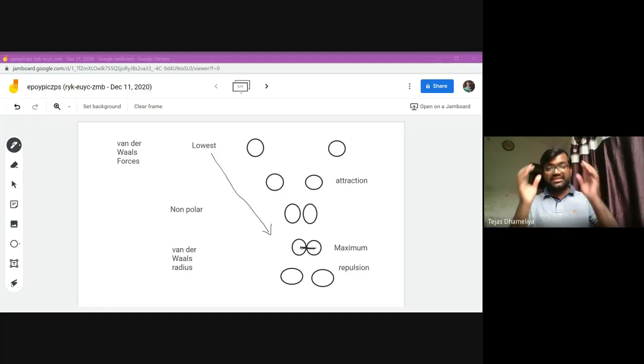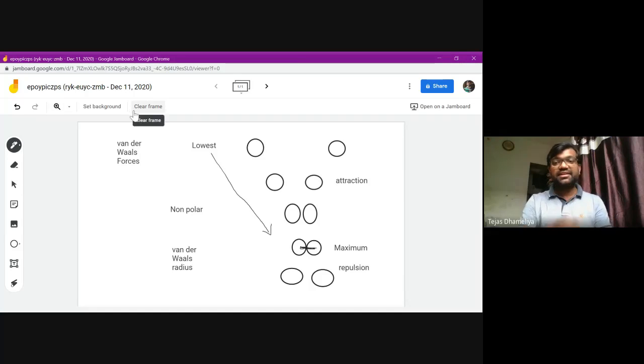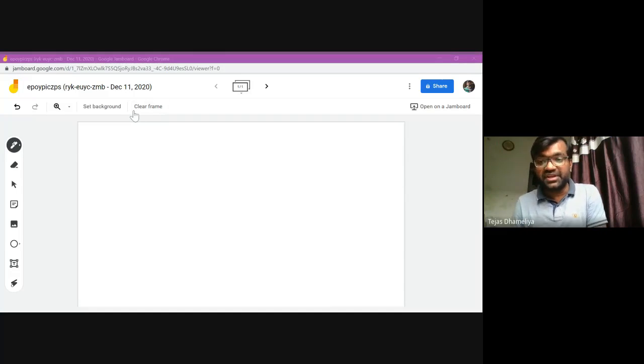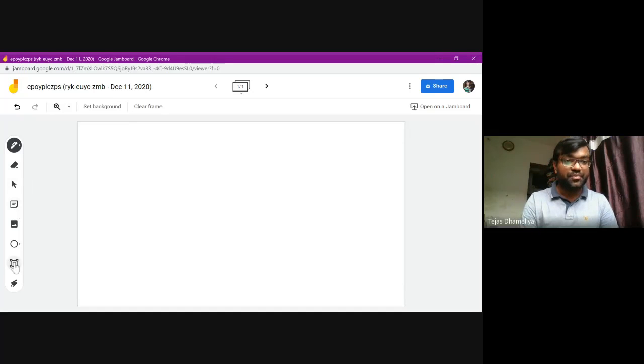Okay, so this is the concept of van der Waals forces. After that, another concept which I wish to share in today's class is called hydrogen bond. Hydrogen bonds are another concept that we want to learn today.